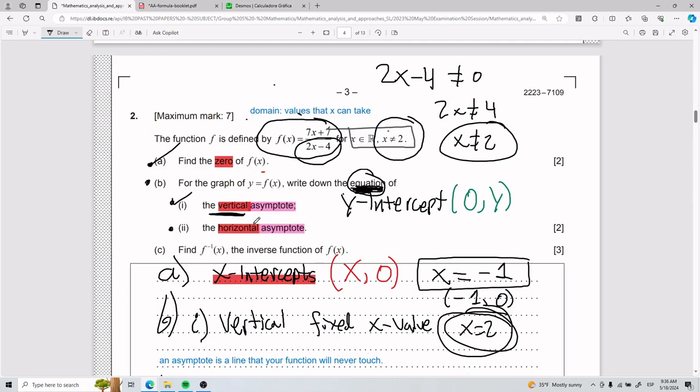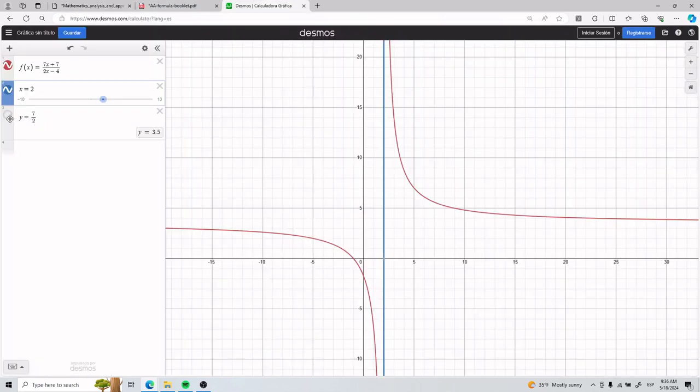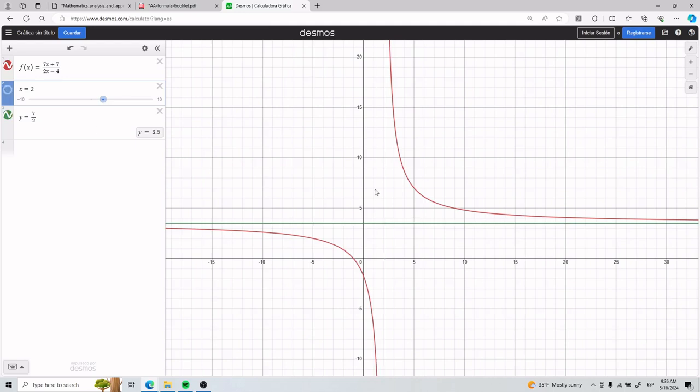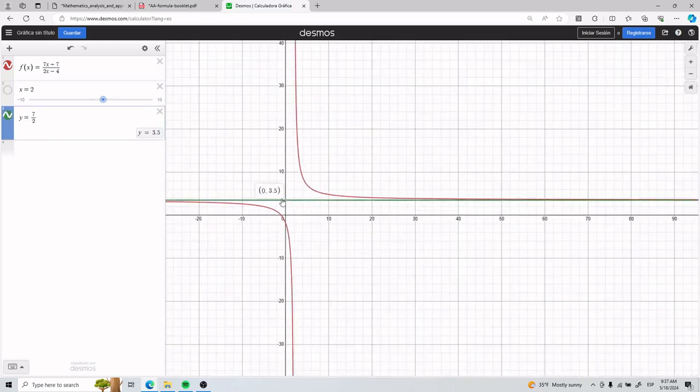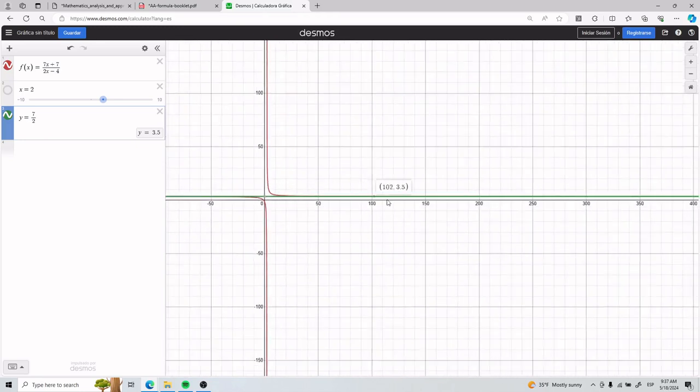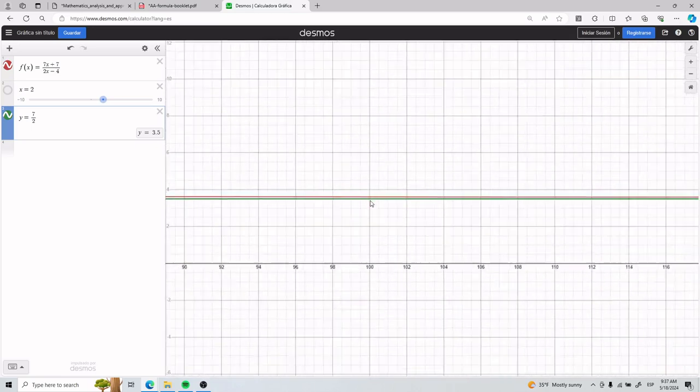For the horizontal asymptote, we have to find the equation of this green line. The best way I can show you, and I know it's a cheap answer, but it's what works, is that you just plug in a very big value. If you plug in a very big value, all the way out here, let's do it like 100, you're going to end up very close to your line, extremely close.